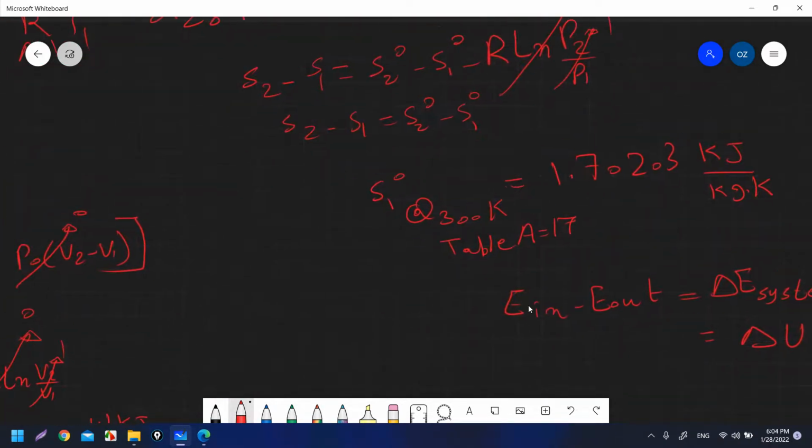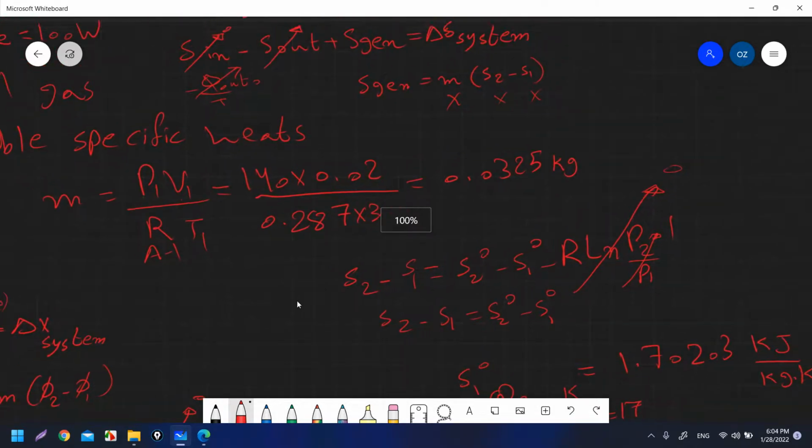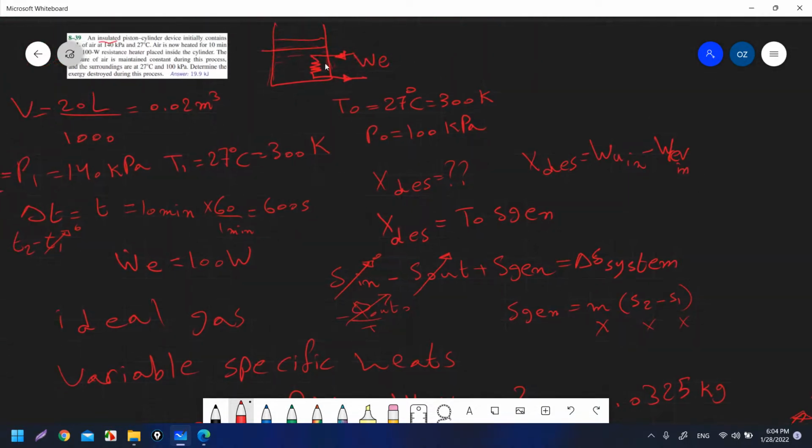So boundary work out. Why out, not in? I am supplying work into this system by the electric heater. When I supply this work in, I am heating the air, and its temperature will rise. When the temperature rises, the atoms of the air will move faster and push the piston up.